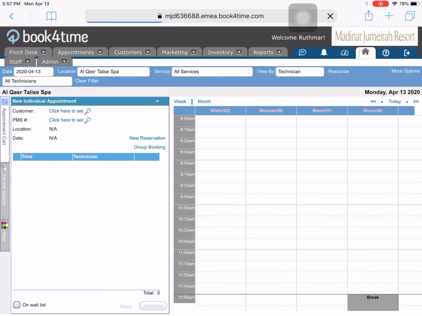Then you will find here 15% hotel promotion. We used this one before, remember when we had the Amway. So this is a special discount in case we have an agreement with the group hotel guests that we are going to give them a certain discount.